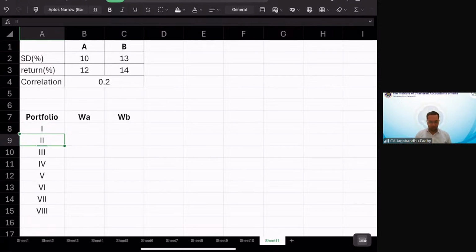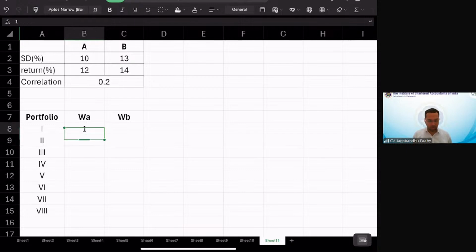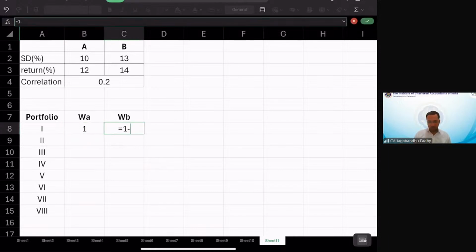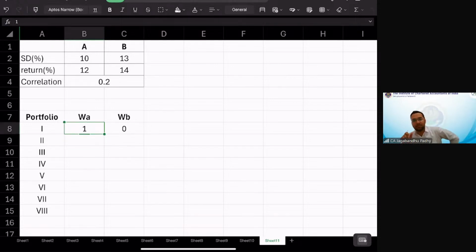Let's say the weight of A: initially, I'm fully invested in security A, and the weightage of B will be 1 minus the weightage of A.